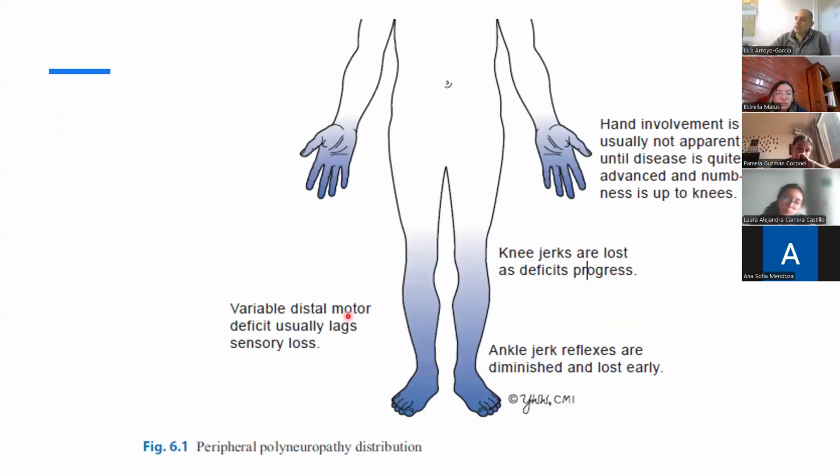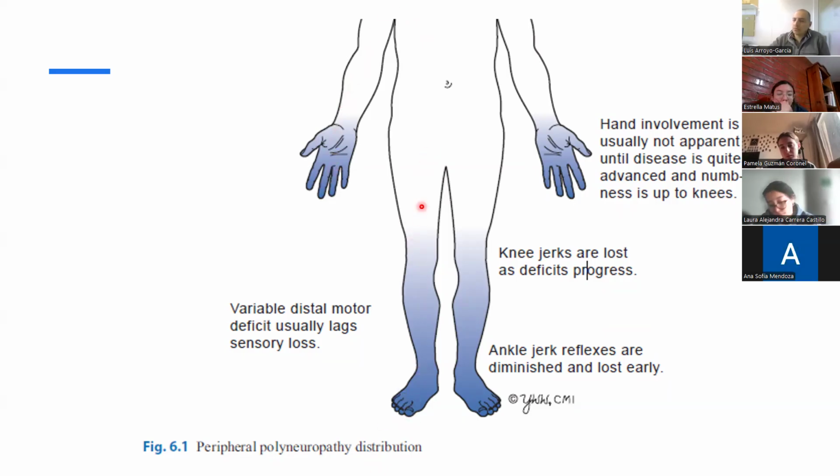And yeah, so this is what I was telling you, right? So we have the hands and the feet reflexes that are diminished as this is progressing and it's not taken care of. Then we will have sensory loss, and the hands will go after the feet, because if we have here the root ganglion, the hands are closer than the feet, right?